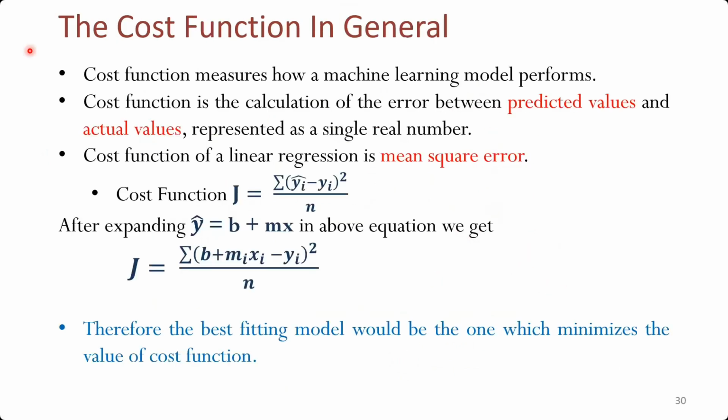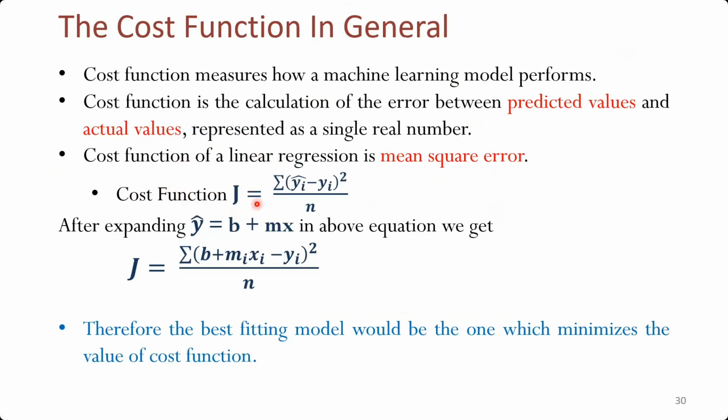The cost function in general measures how a machine learning model performs. It helps to measure the performance of any model. The cost function is a calculation of error between the predicted and the actual, represented by a single real number.